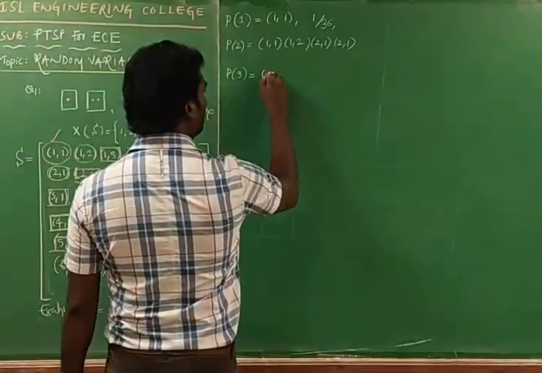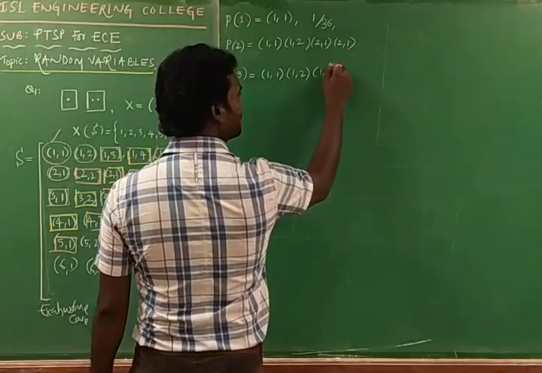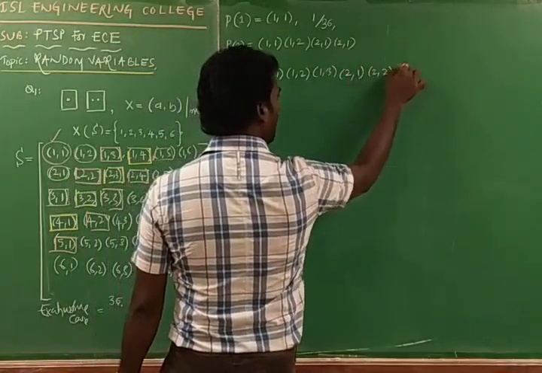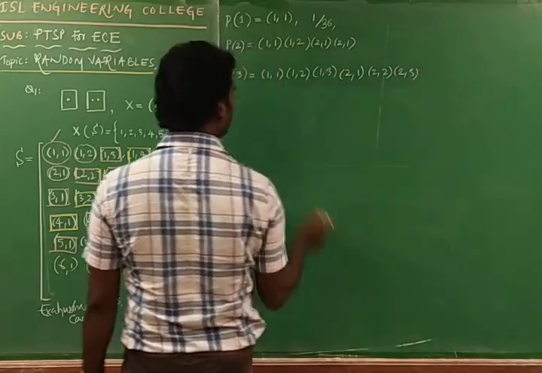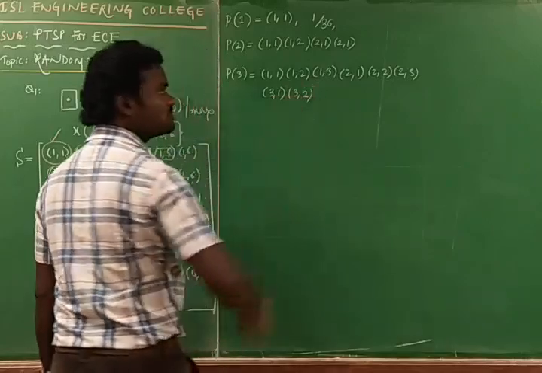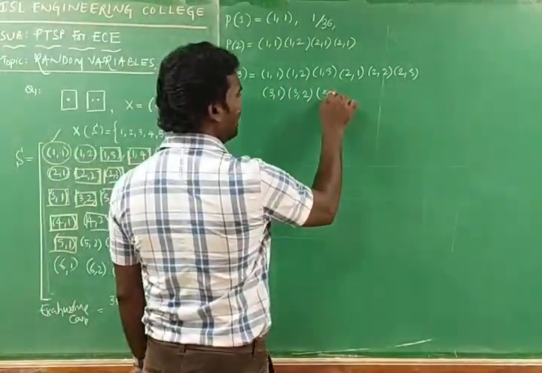So that it is 1 1, 1 2, 1 3. Next one 2 1, 2 2 and 2 3. And next one 3 1, 3 2 and 3 3 also.